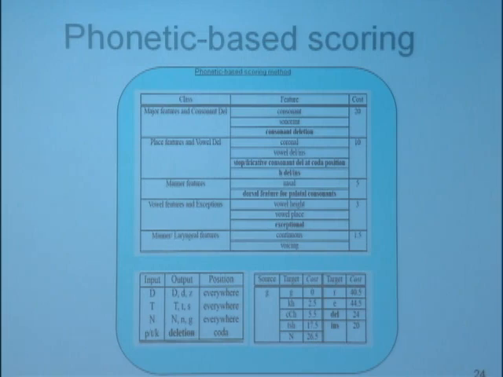So, for example, if you're talking about consonants, if you have a voicing difference between one language and the other, well, that's probably not as bad a mismatch as if you have a complete place of articulation difference. A T could be a transliteration of a D, but a T is less likely to be a transliteration of, or a transcription of, a P. So we have a set of phonetic scores that are based on this kind of intuition.